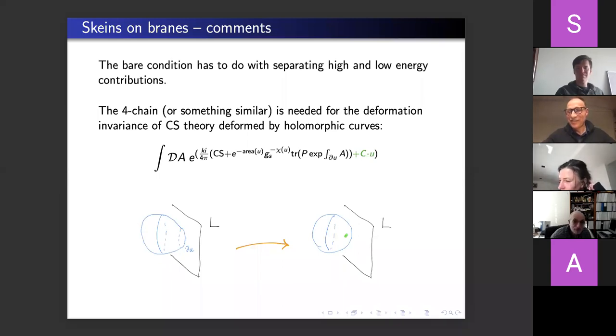Okay. But say in S1 times R2, it's a little bit more complicated, right? What I'm saying in the next little comment would be like UN Chern-Simons. You can think that you have N branes on this Lagrangian if you wish. I see.